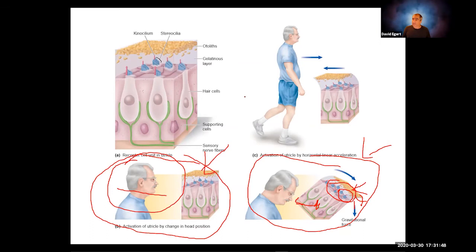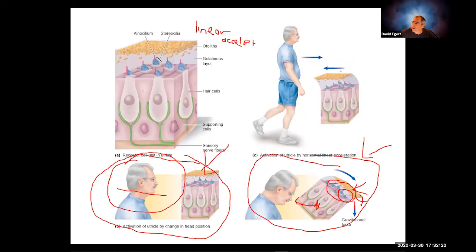So the sacculus and the utriculus, or the saccule and the utricle, they're synonyms, are basically ways of telling which way gravity is pulling. We also sometimes consider this linear acceleration, because basically what you're detecting with gravity is just acceleration, 9.8 meters per second squared down.